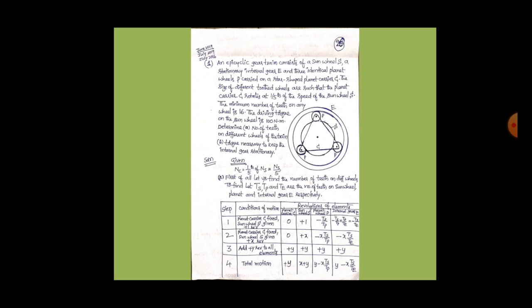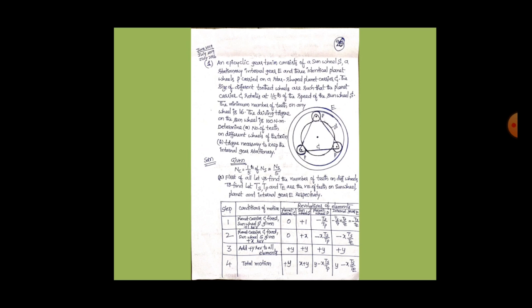Therefore, next one is the planet wheel P. And as the planet wheel P rotates, the internal gear E will also start rotating. Therefore, this is the priority, order and sequence to prepare the table. Instead of the arm, the carrier which is carrying the three identical planet wheels should be fixed.